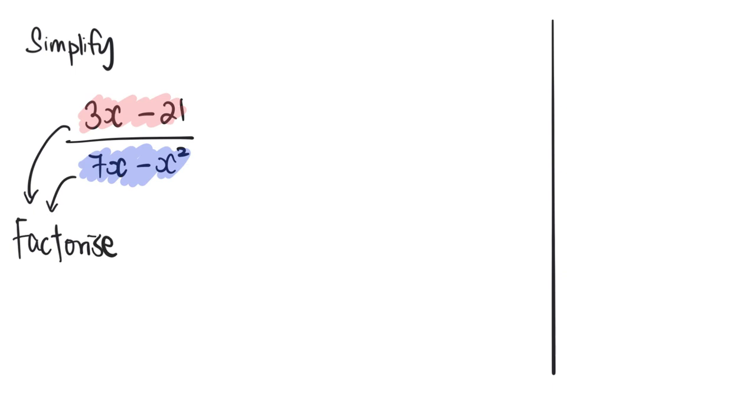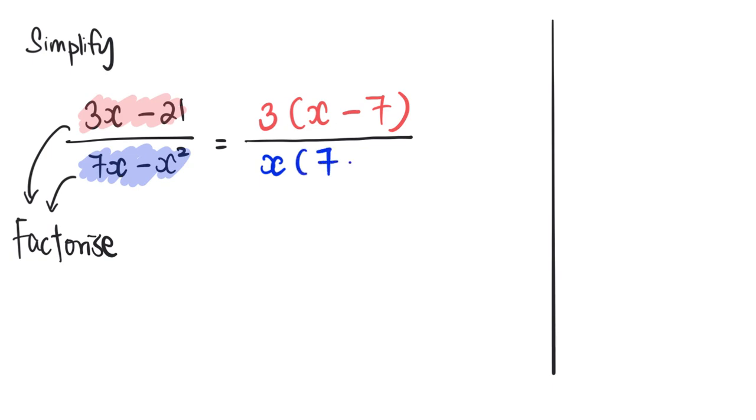And I saw that we could factorize by taking out a common factor for the numerator, 3. And I'm left with x minus 7, because 3 times 7 is 21. As for the denominator, there is a common factor x. And I'm left with 7 minus x.